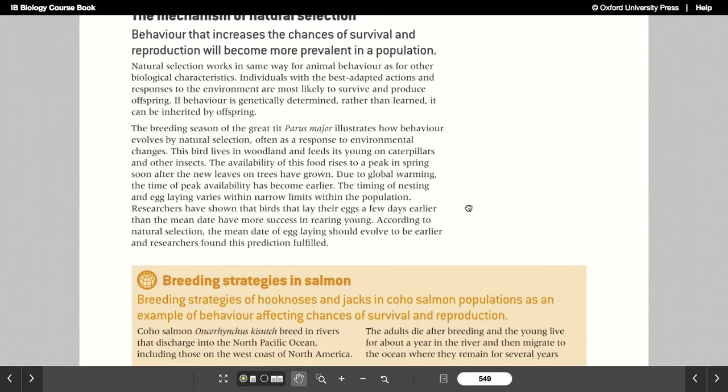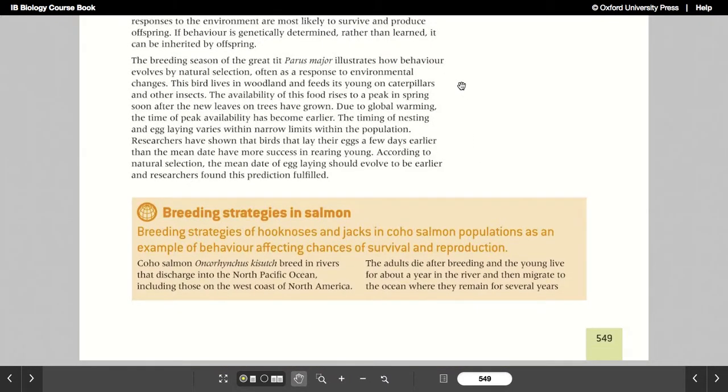They talk about another bird called the great tit or the Parus major. Hopefully you didn't hear my stomach just rumble. The bird lives in the woods. It feeds on caterpillars and other young insects. The food capacity rises in the spring after we have a bunch of new leaves and spring has blossomed and all of that.